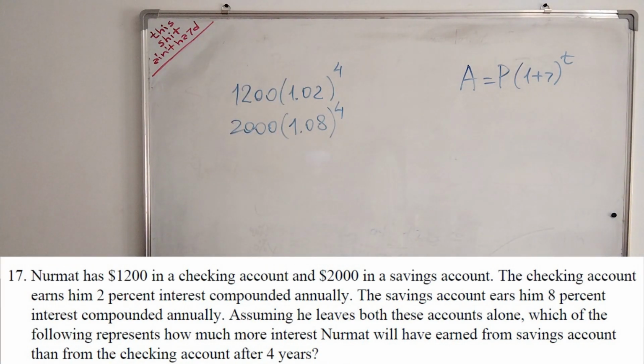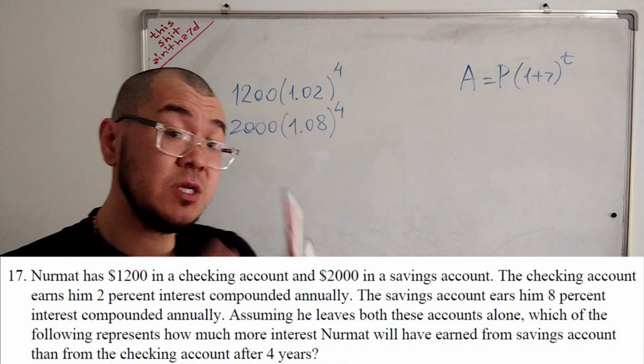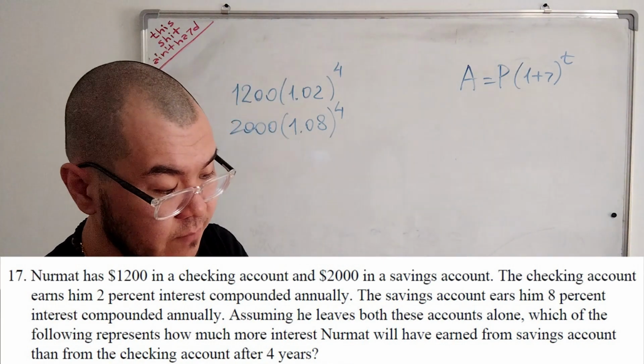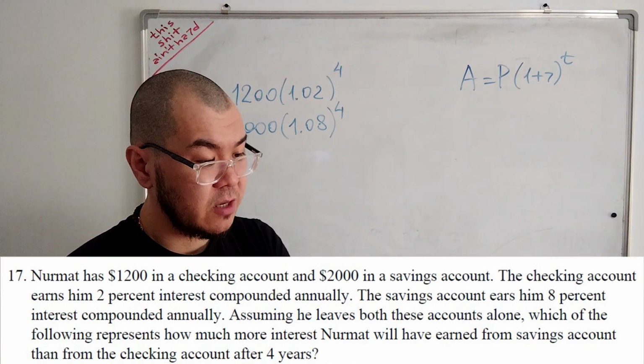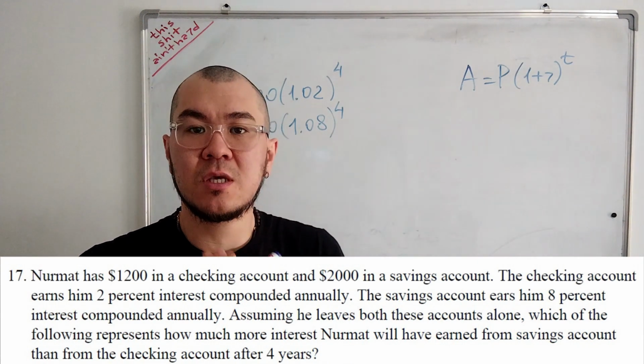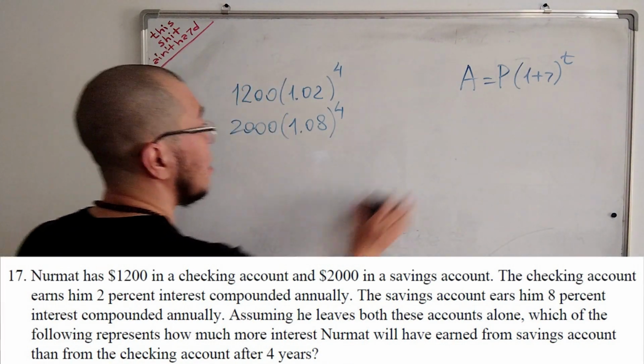How much more interest, okay? To find out how much more interest he will have, we have to find out how much interest he will get in each account, okay?